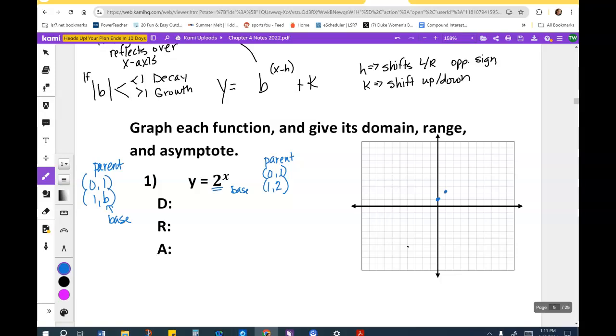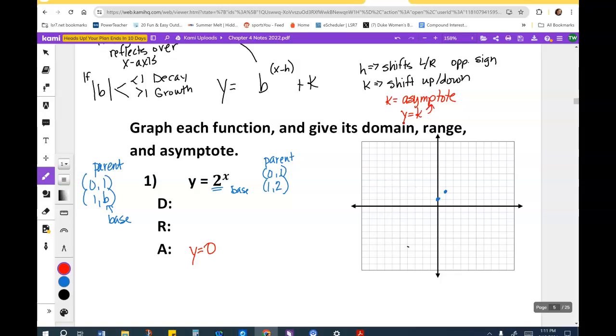Okay, and that shows you that it's going up to the right. My axis of symmetry is going to be y equals 0. Okay, because up here, my k is my asymptote. I forgot to write that up here. So y equals k is my asymptote.